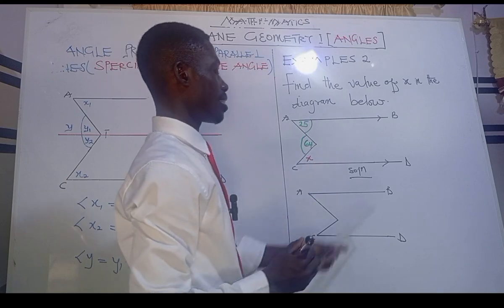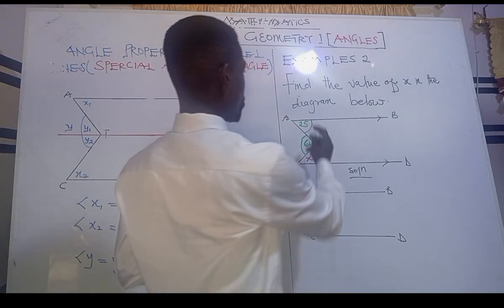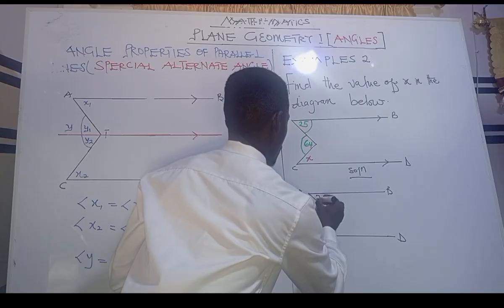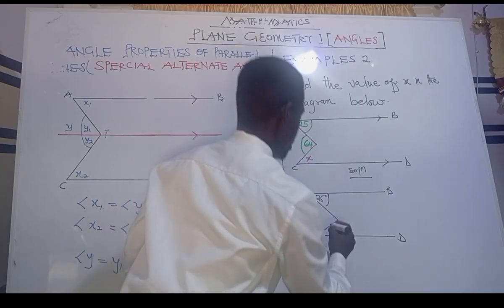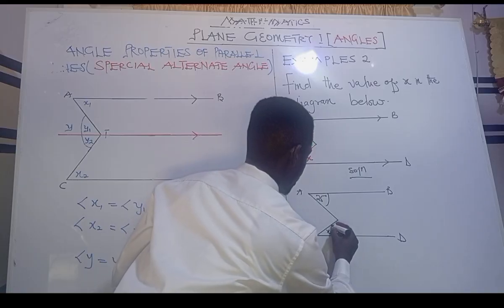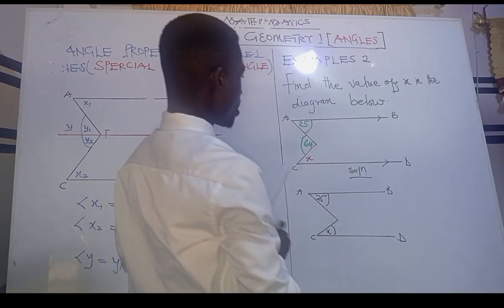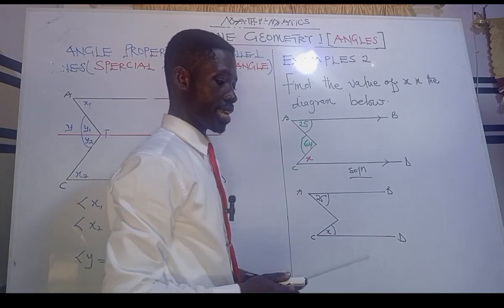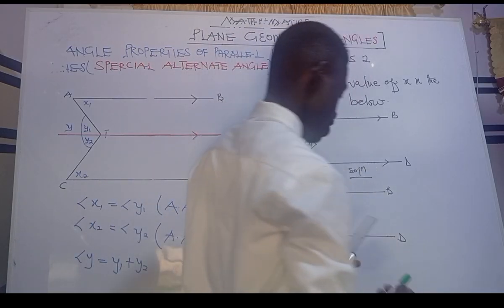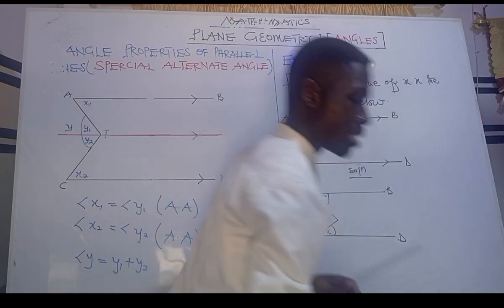So this is the diagram that I have redrawn here. So we know that this angle is 25 degrees, and then this angle is x degrees. Good. Now let's keep this angle there because we are going to draw a line through it, okay? So let's draw the third parallel line.